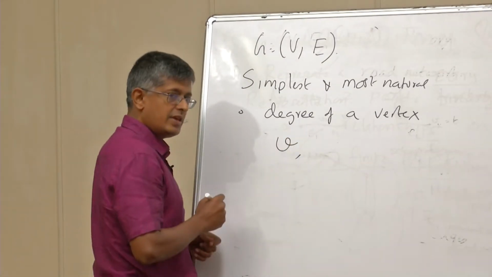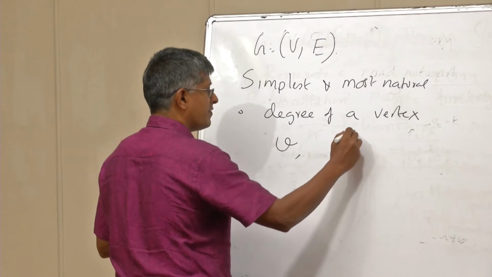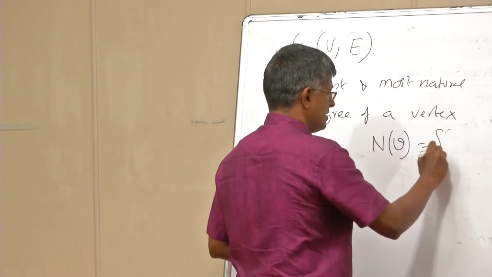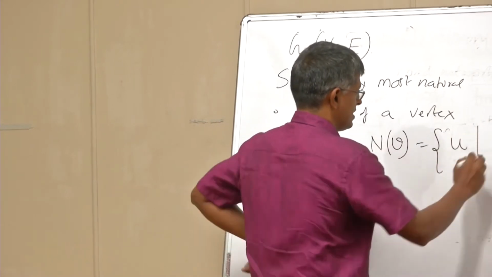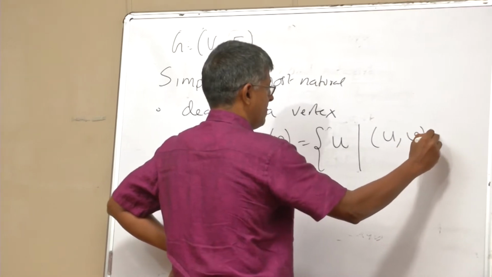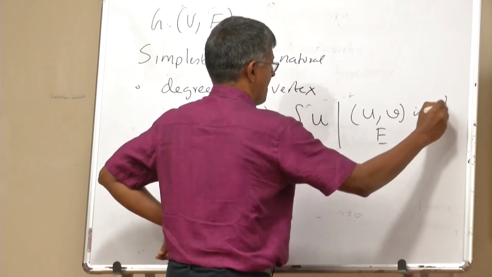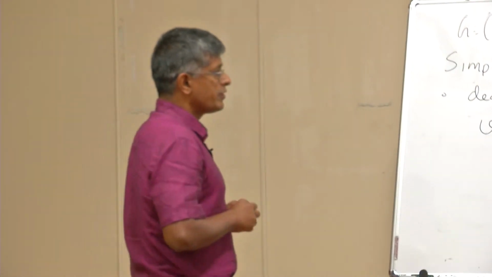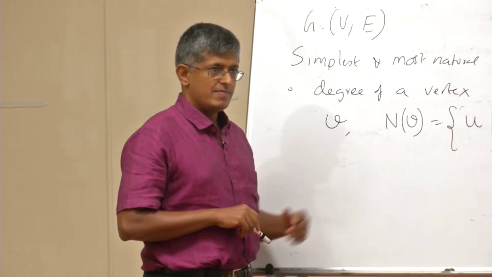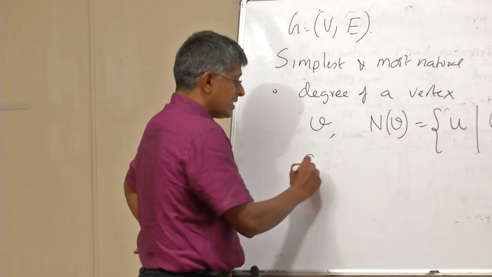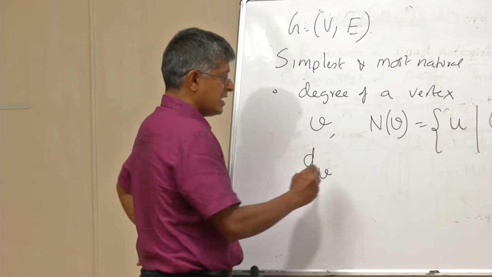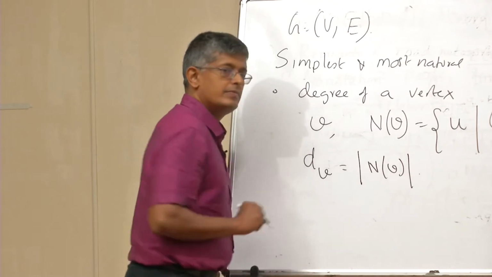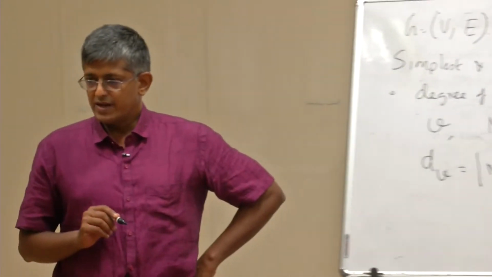For a vertex V, N of V is called the neighbors of V. N of V, the neighbors of V, is the set of U such that UV is in E. The degree of V, represented by dV, is the number of elements in N of V. Fine.